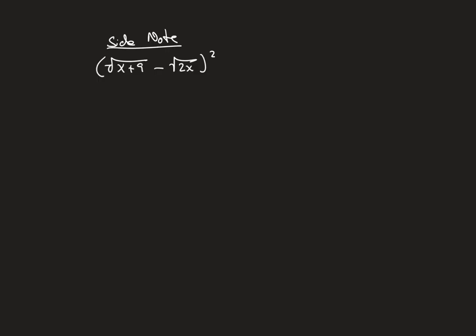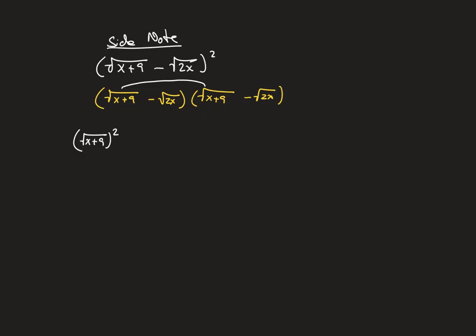Okay, on the side note, we're just going to look at distributing this out the long way. If we are distributing it out without the property, we would just write it out twice to start us off. And then we would begin distributing. So as we distribute, we would do the square root of x plus 9 times the square root of x plus 9, which is a couple of different ways of writing it, but I would probably just leave it as the square root of x plus 9 squared.